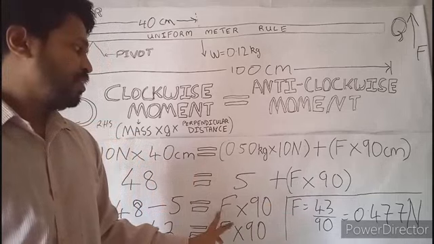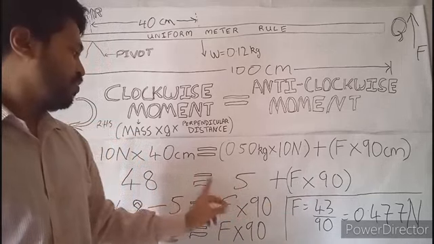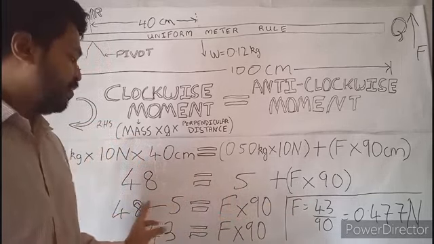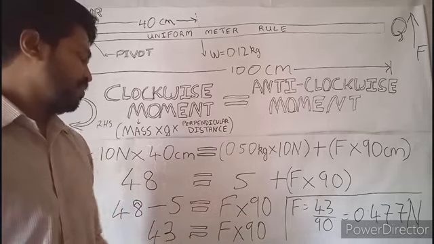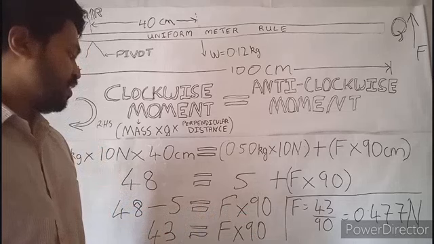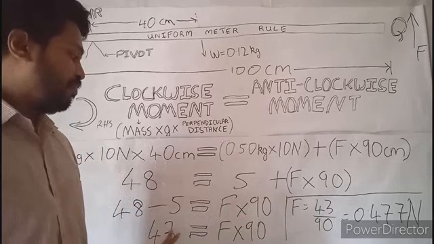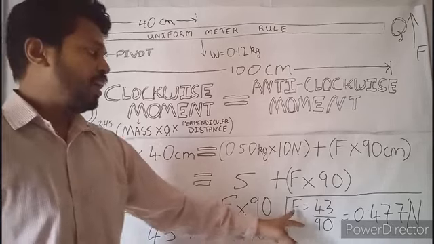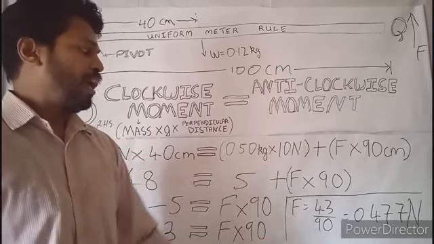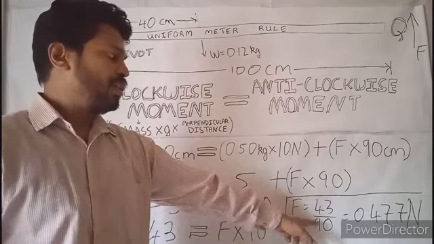So this 5, if you take it to the opposite side, it becomes 48 minus 5 and F times 90. So the answer will be 43, and 43 is equal to F times 90. So what will F be? F is equal to 43 divided by 90.